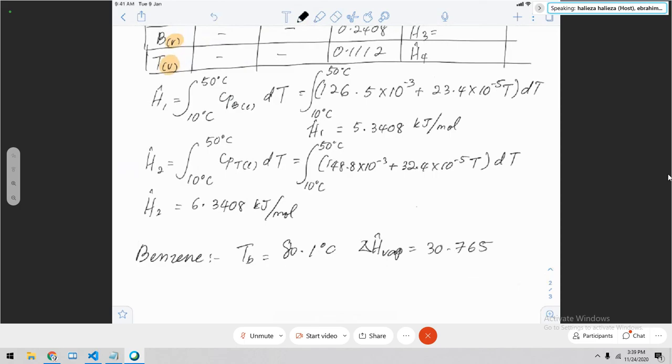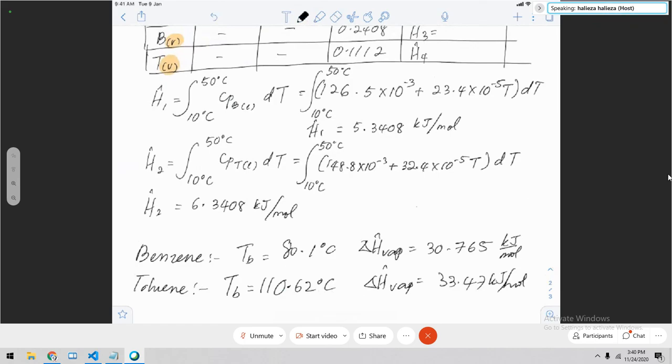Did somebody jot it down just now? Is this the same as I wrote it now? T boiling of toluene is equal to 110.62 degrees C. I will go back and check. Okay, latent heat of vaporization 33.47 kilojoules per mole.